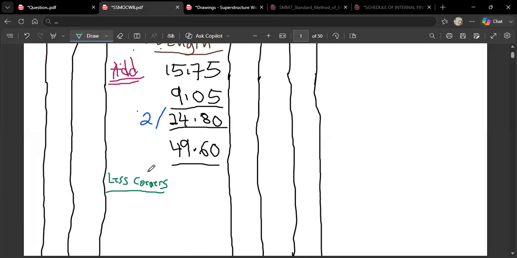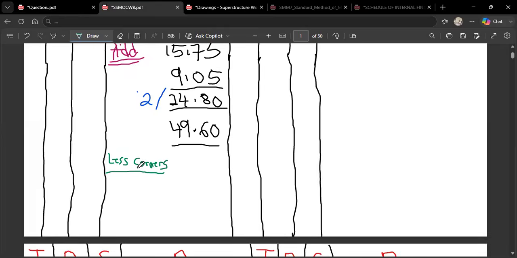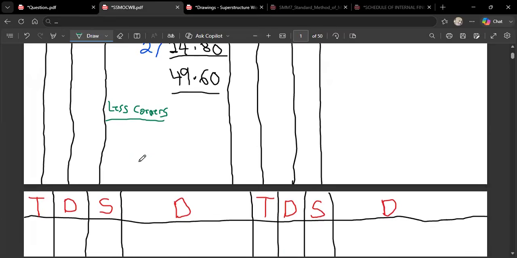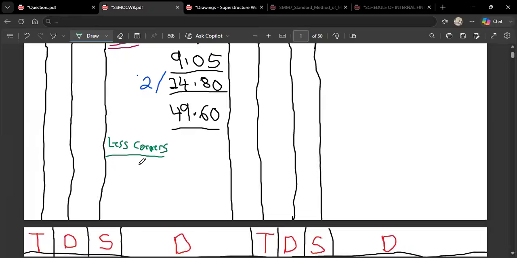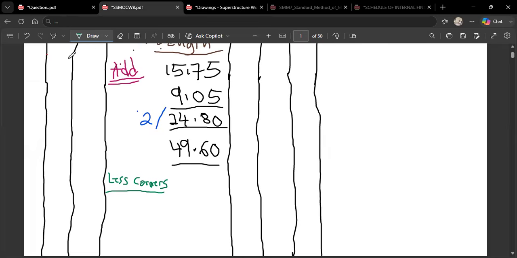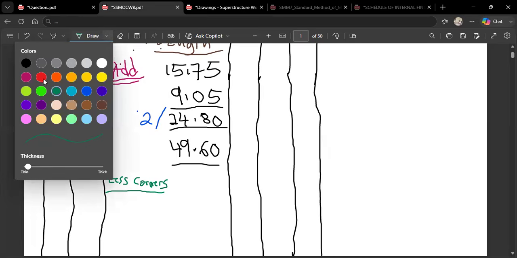The thickness of the block is 150; if you divide it by 1,000, you get 0.15. So that becomes 0.15 times 4.